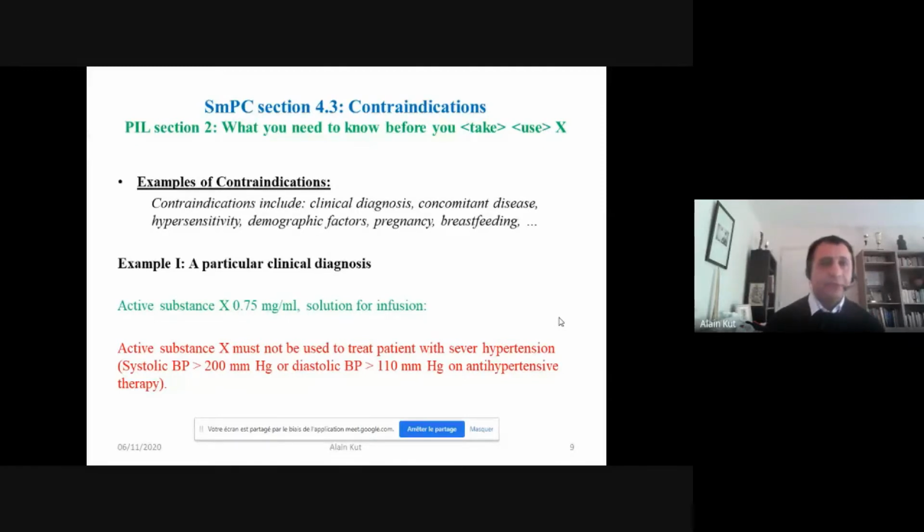An example of a clinical diagnosis is that the active substance mustn't be used to treat patients with severe hypertension with a systolic blood pressure more than 200 millimeter mercury, or diastolic blood pressure more than 110 millimeter mercury on antihypertensive therapy. Then we have here a particular clinical diagnosis.